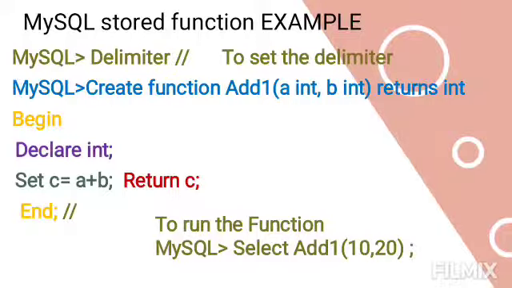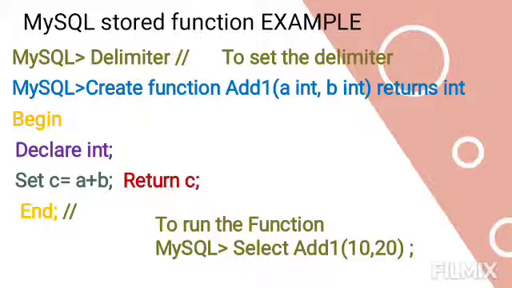Here, consider an example, a MySQL stored function. Here I create a stored function add1 having two variables a and b. These are int data type, and by default they are assigned as in type parameters, and the return value must be int.